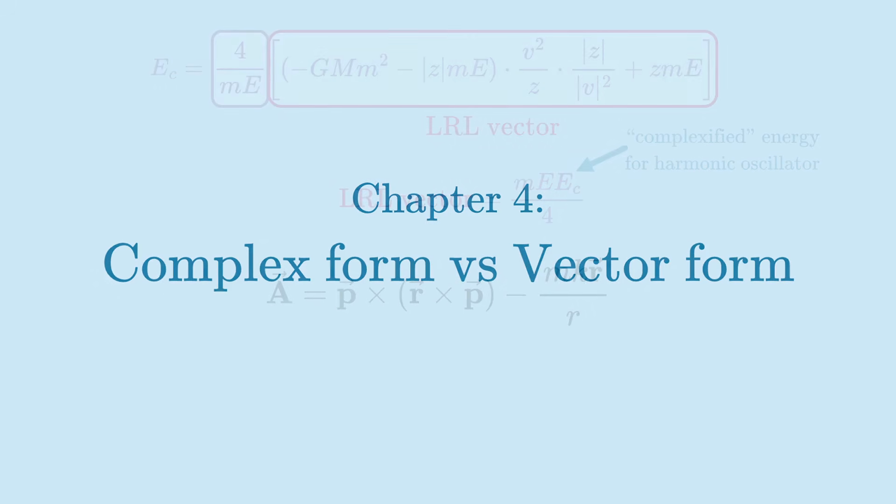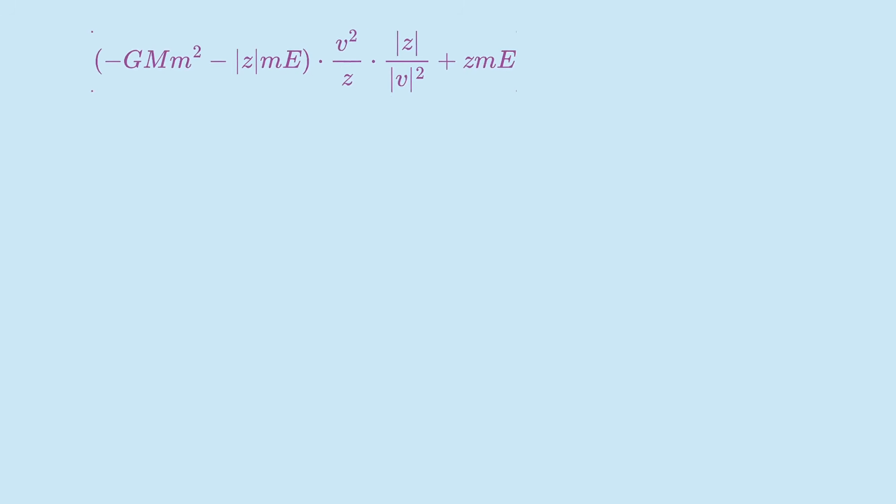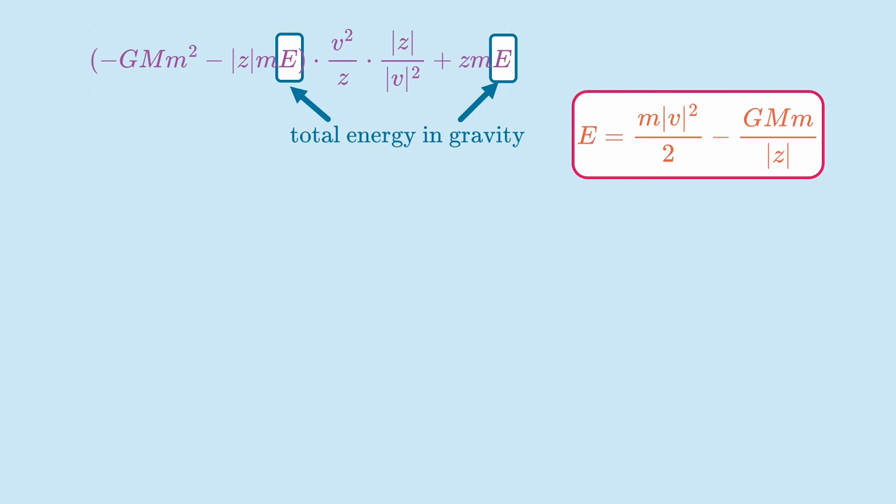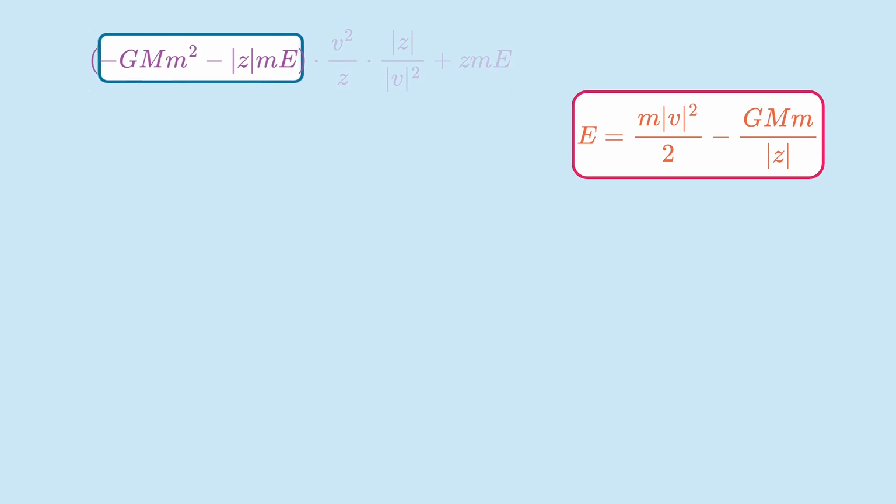Let's focus on this form of the LRL vector. E is the total energy in gravity, which is m mod v squared over 2 minus GMm over mod z in the language of complex numbers. Concentrating on the first bracket here, we can substitute the expression for E, but we realize that 2 of the terms cancel.